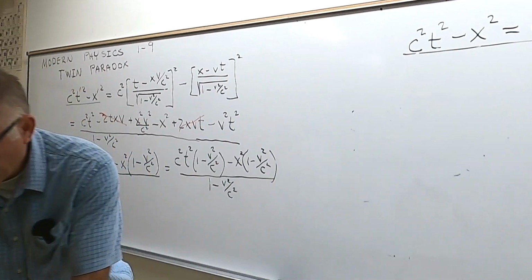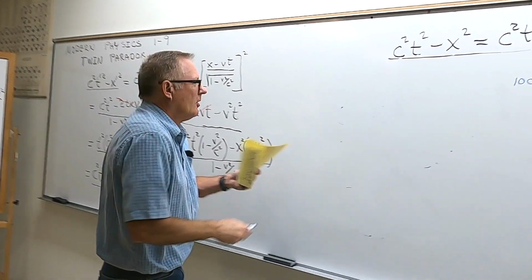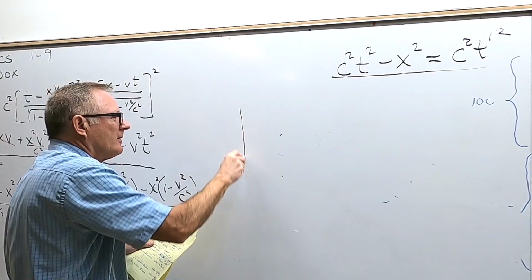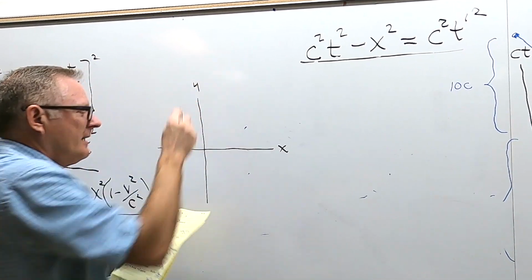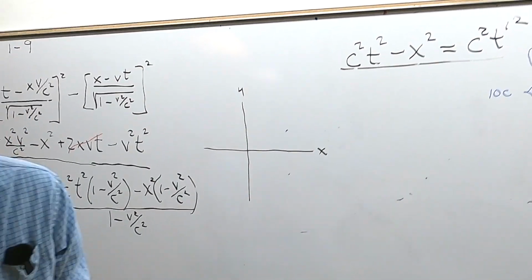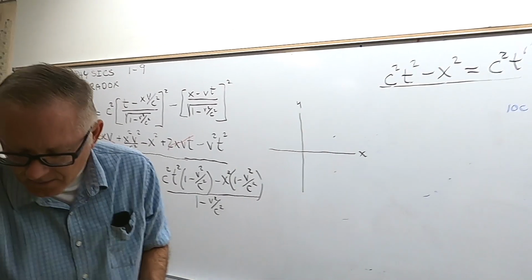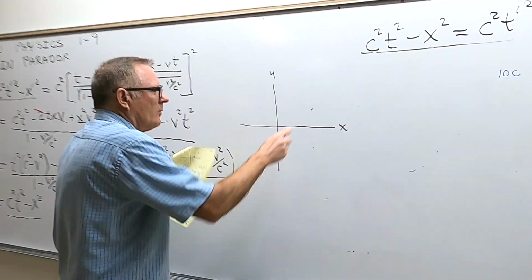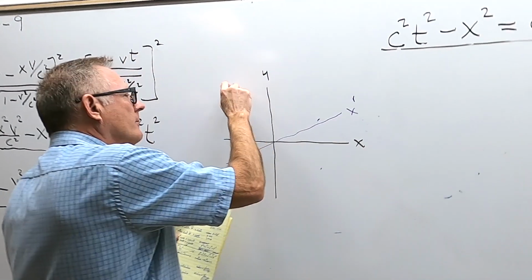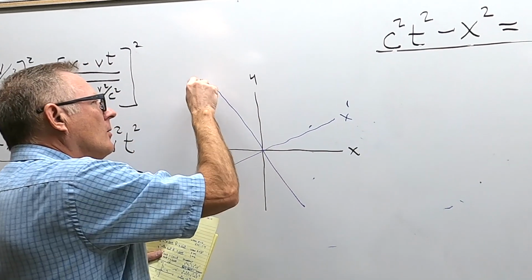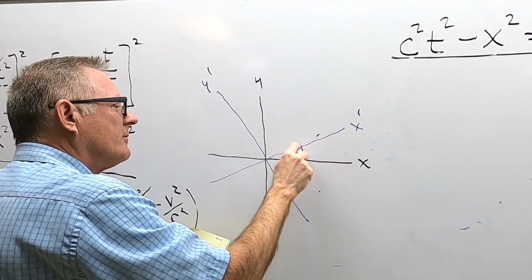We had 2 coordinate systems. We had a coordinate system that looked like this, x, y, and then a rotated coordinate system, x prime, y prime, where this thing was going around this way.